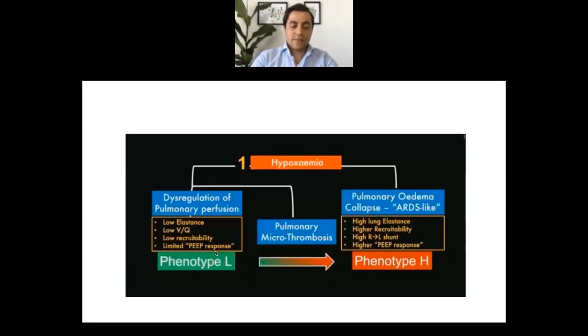The first phase, the early phase, we also call phenotype L. It can progress to the latter type in the same patient. So it's not so that if the patient has phenotype L, he cannot have phenotype H. It can progress to phenotype H. You should always keep that in mind.